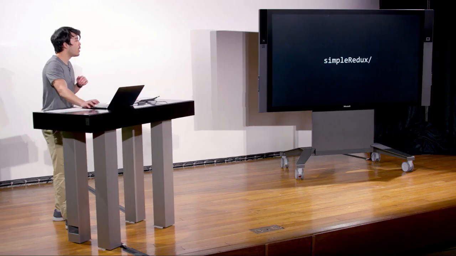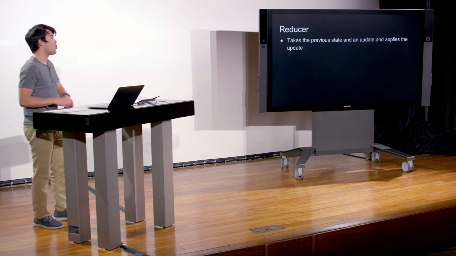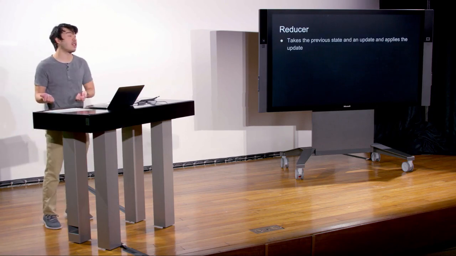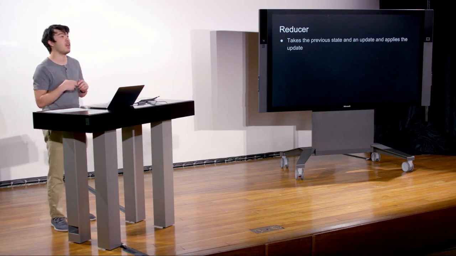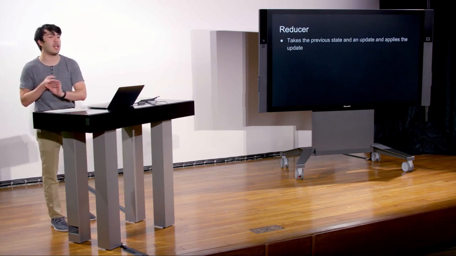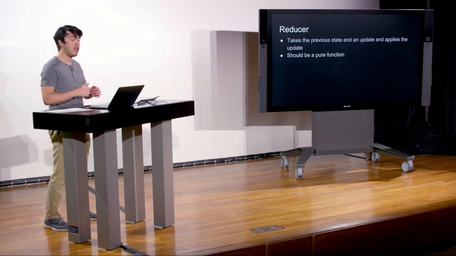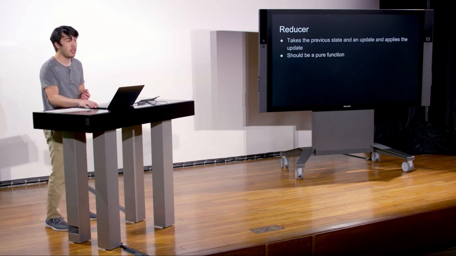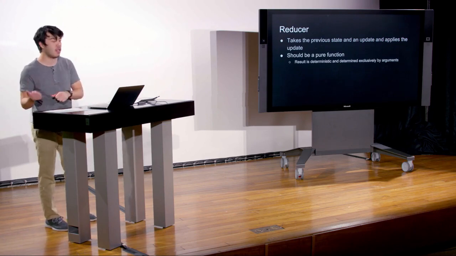So what's first? There's this thing called a reducer, which is what calculates the next state. It takes a previous state, and it takes some information on how it should update, and it goes ahead and applies that update and returns some new state. So some constraints: it should be a pure function. In other words, the result is deterministic. So given the same input, it'll always give the same output.